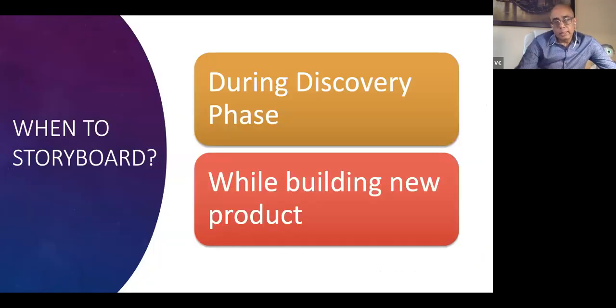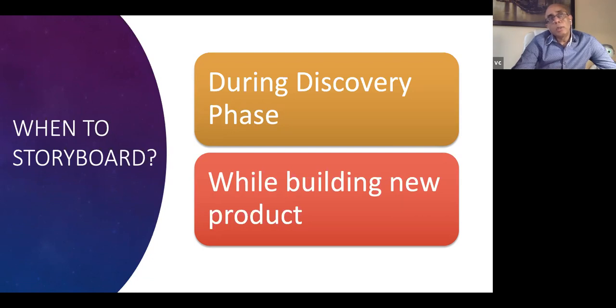As I talked about, the best time to use the storyboard is during the discovery phase of the product process, because that's where you save the most dollars and effort, as well as bring everybody onto the same page. And also when you're building a new product. If you remember, I had a slide which talked about going from market to building the product.